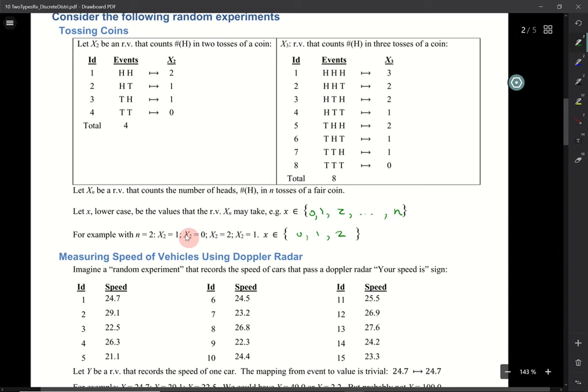So this x2 random variable, if we actually do the experiment of tossing 2 coins, we might end up with a 0, we might end up with a 2, or we might end up with a 1. We don't know the exact outcome. You toss 2 coins and you get a 0. A moment later, you toss 2 coins, you get a 2.